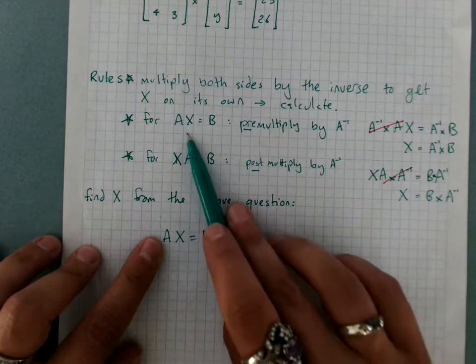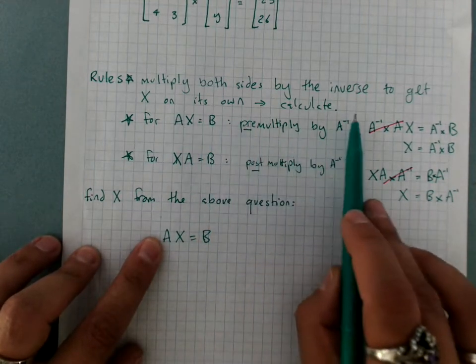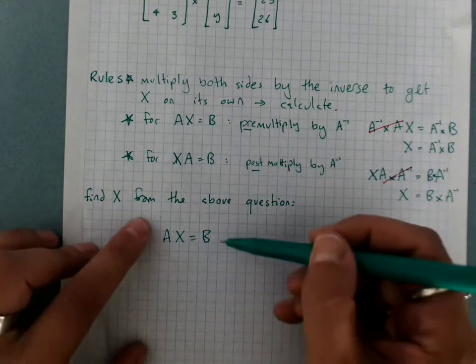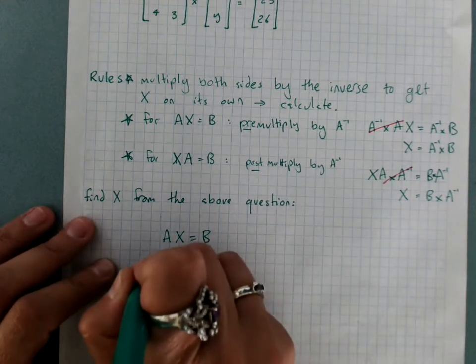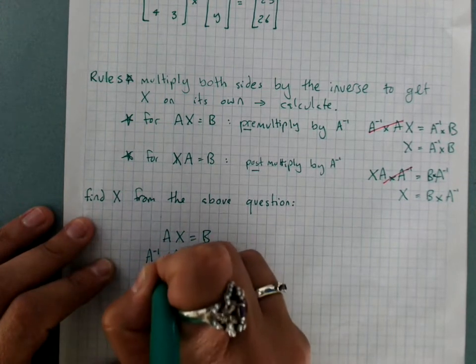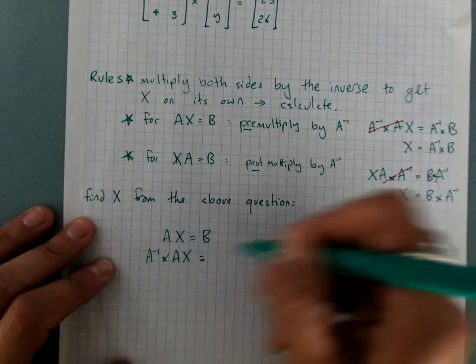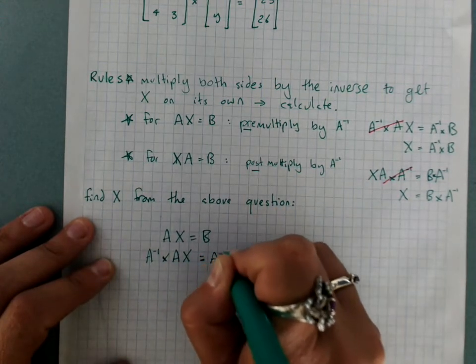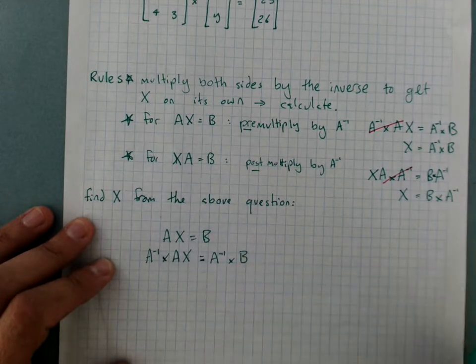A comes first, so I'm going to pre-multiply by inverse A. Next line down, inverse A times AX equals, pre-multiply, inverse A times B.